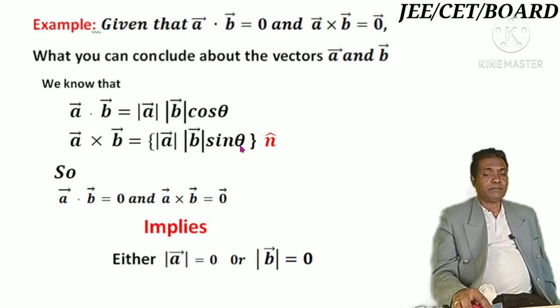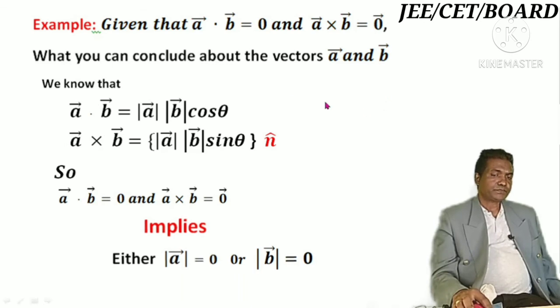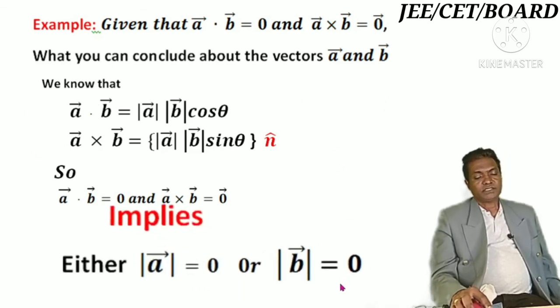If theta is, suppose, pi by 2, this is going to be 0, but this is not going to be 0. So we are asked what we conclude about vectors A and B. Vectors A and B must be such that one of the magnitudes must be 0 in order for both the products to become 0. So this is the implication.